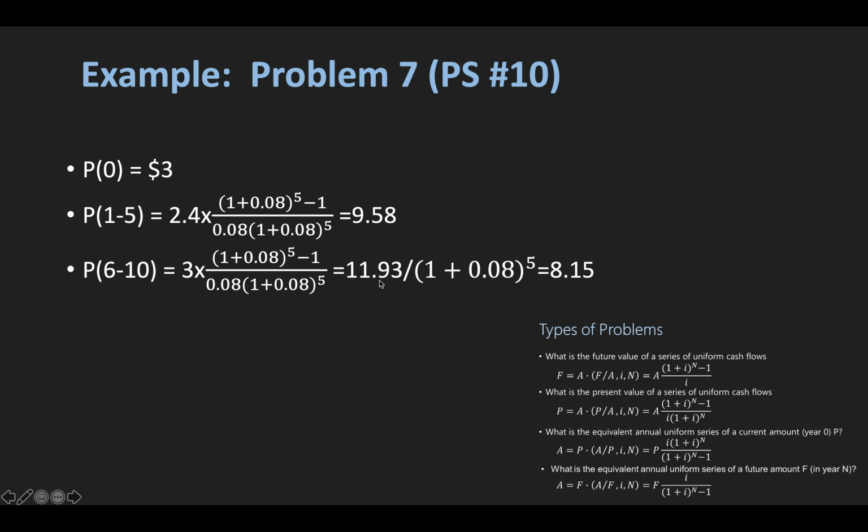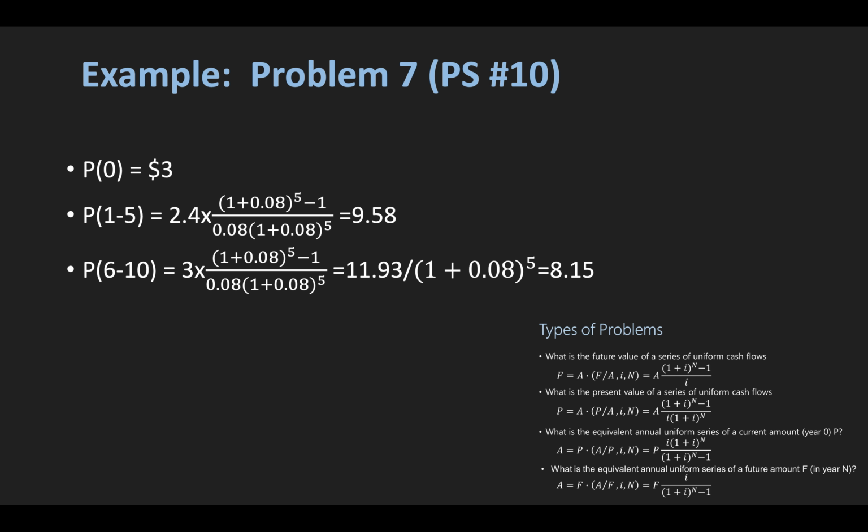But remember, when we do this, we bring it 1 year back. So meaning that we did this for a uniform cash flow from year 6 to year 10. When we do all the conversion, we bring it back to year 5 and get one cash flow. But year 5 is not present value yet.